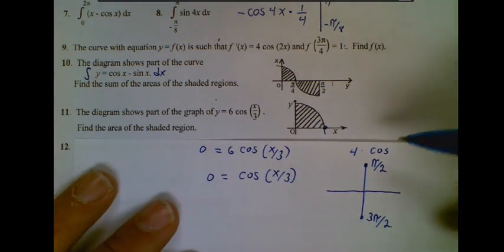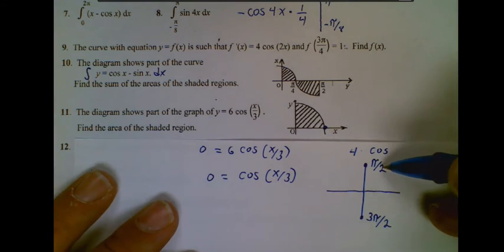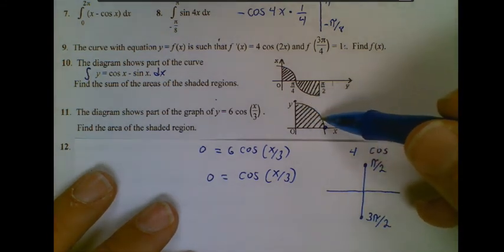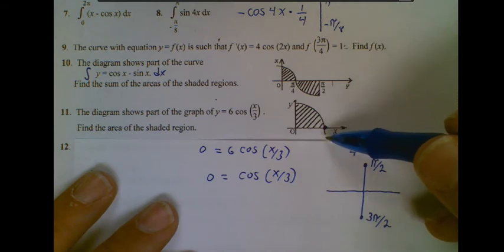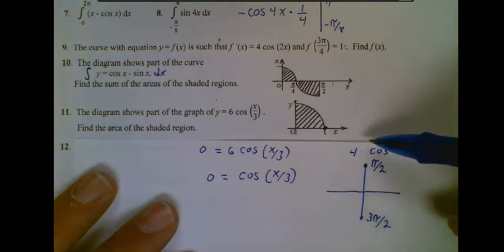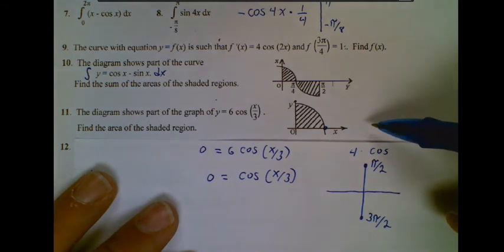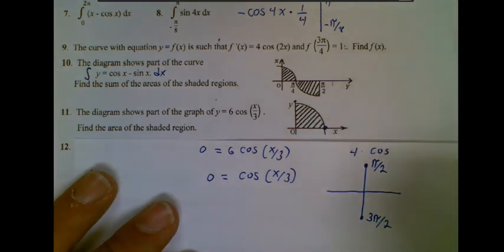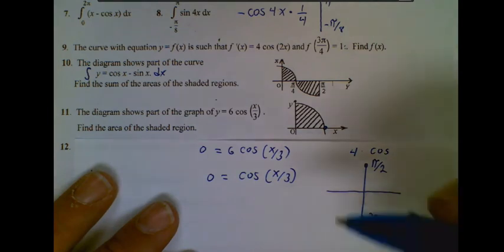If you're looking at the graph, this is the one that we would have to be using because as this graph would continue, it's going to hit the graph right here at pi over 2. If the graph continued, it would come back up here and hit the line again at 3 pi over 2. But we're not going that far. So we're only going as far as the first intercept, or the smallest intercept, which is pi over 2.